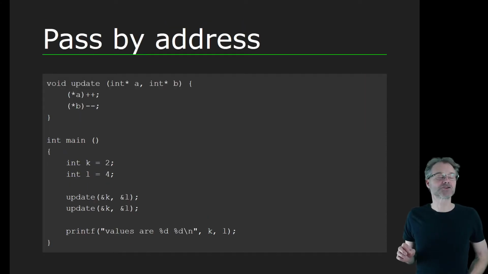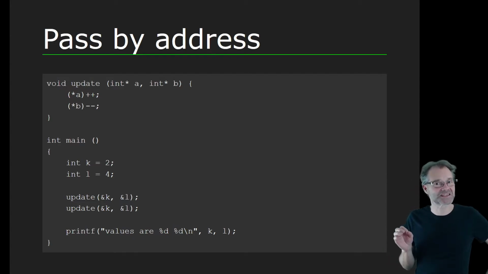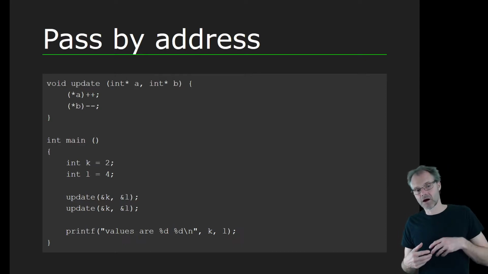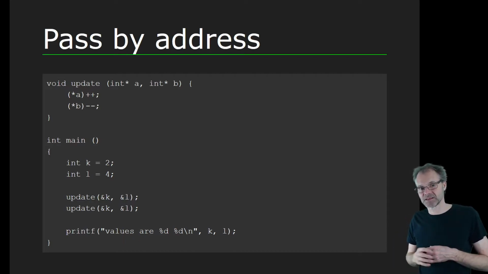There is something that is called pass by reference, but that does not exist in the C language. Pass by reference is in general used when we are sending a variable to a function. The function may update the value of the variable, and after the function call, the variable contains the updated value.